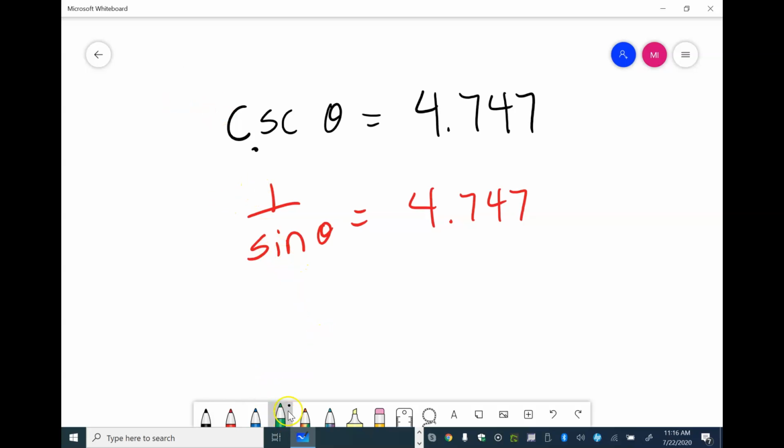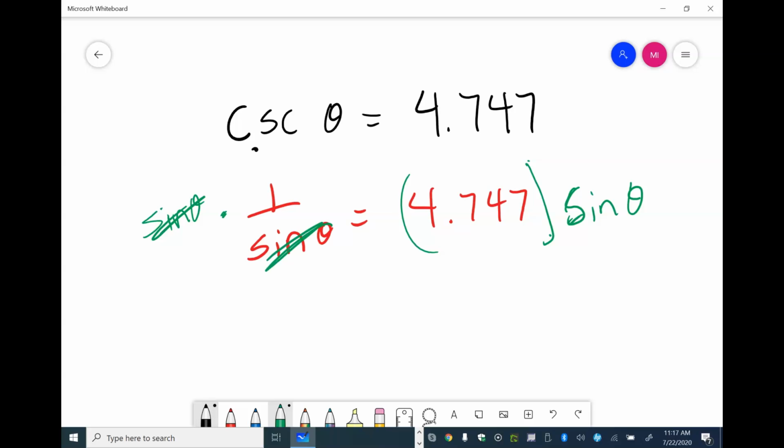And so the background part of how to do this problem is we're going to get rid of the fraction by multiplying by sine theta on both sides. That way this one cancels out with this one.